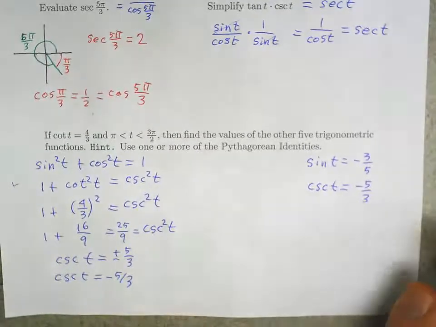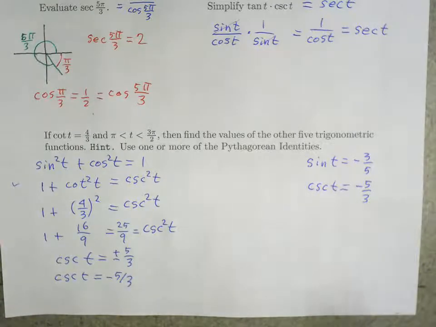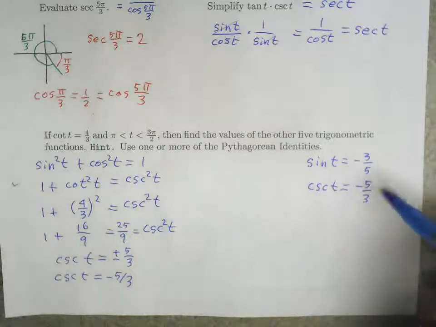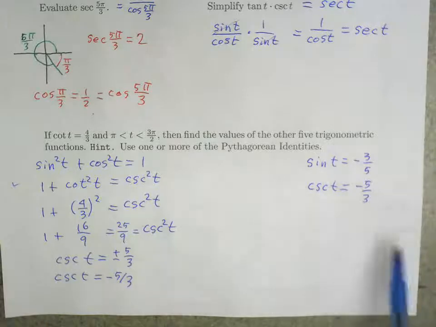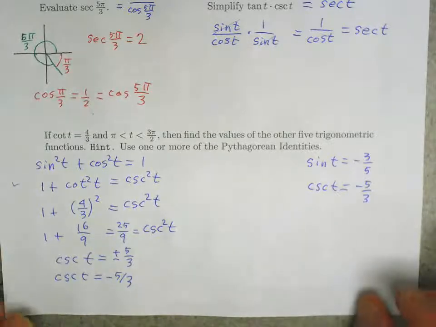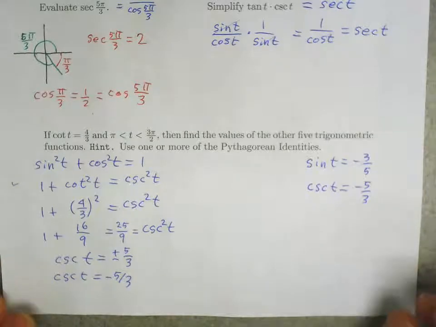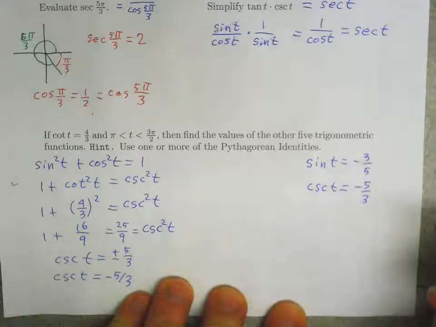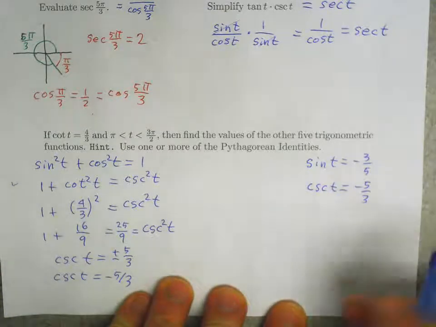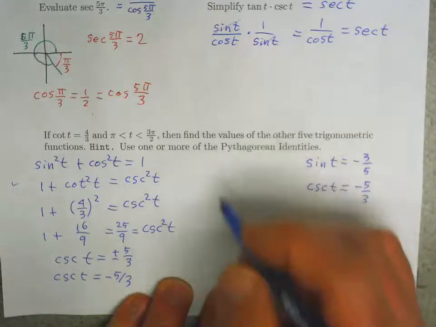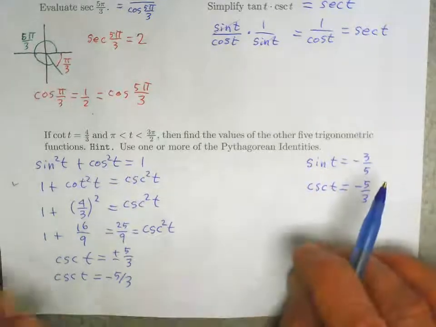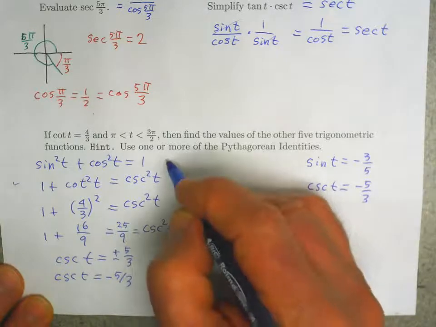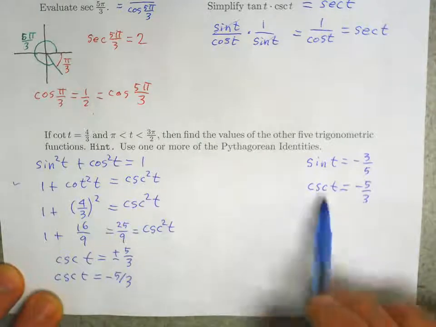So now, if we can find out what cosine of t is, then we'll be able to find all of the other ones. So what do we do now? Why don't we just use the original identity that I wrote?